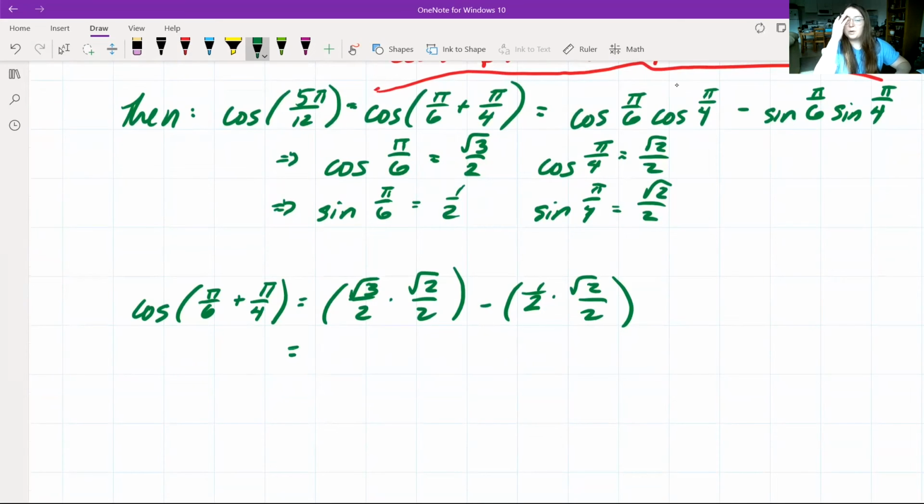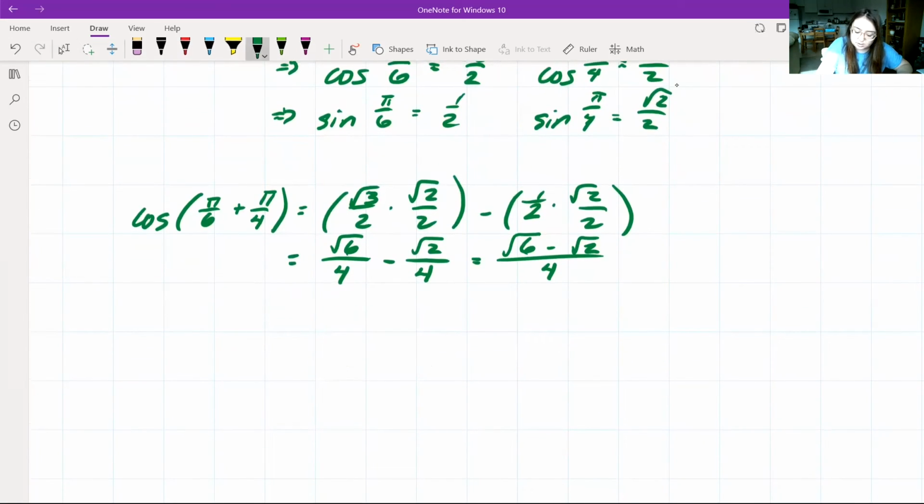Simplifying this down, square root of 3 times square root of 2 is going to give us the square root of 6 over 2 times 2, which is 4. And 1 times the square root of 2 is going to be the square root of 2 divided by 2 times 2, which is 4. And lastly, we can combine these terms to end up getting the square root of 6 minus the square root of 2, all divided by 4.